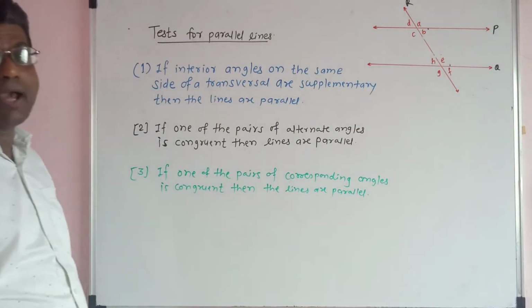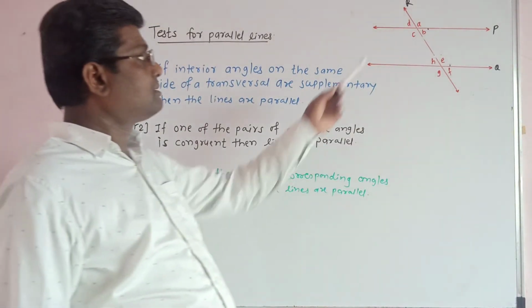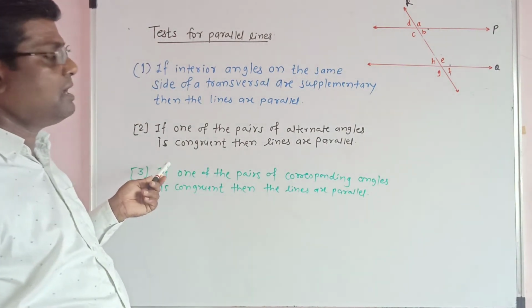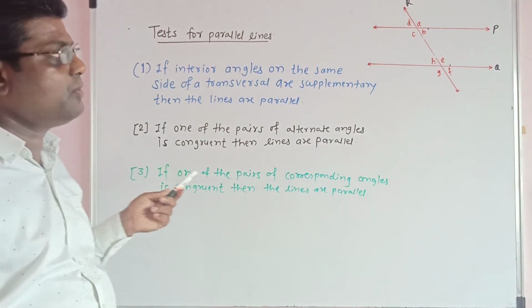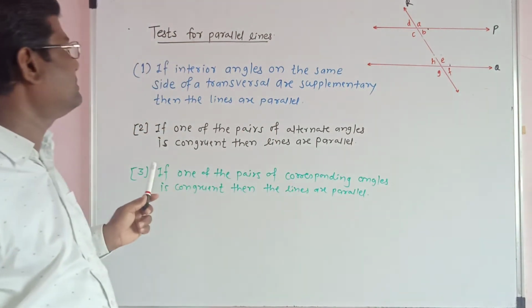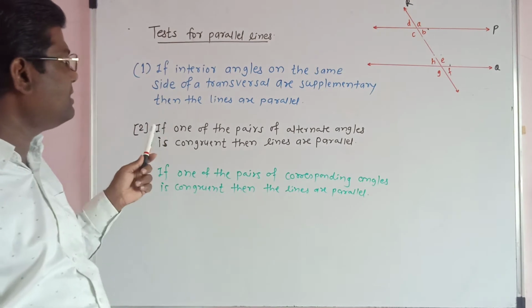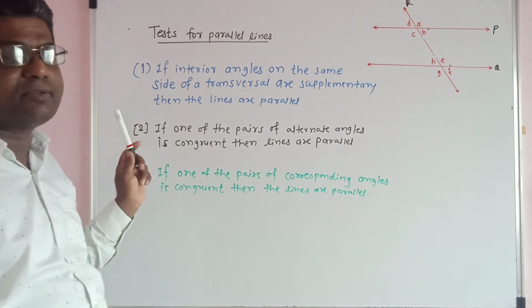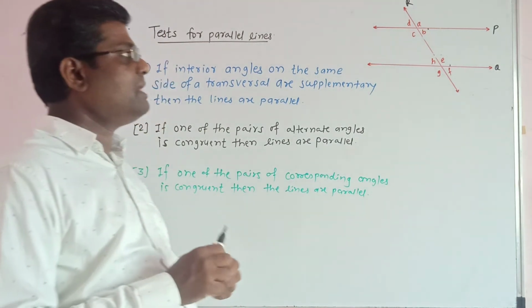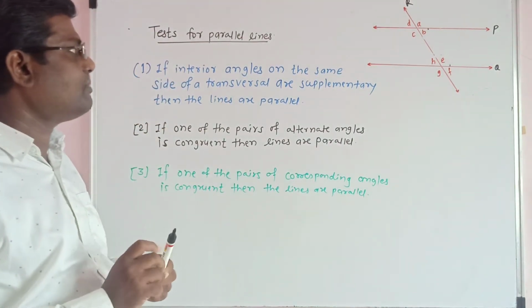Tests for parallel lines. Now there are three tests of parallel lines, and we can identify whether the given lines are parallel or not by using these three tests. Test number 1: if interior angles formed on the same side of a transversal are supplementary, then the given lines are parallel.